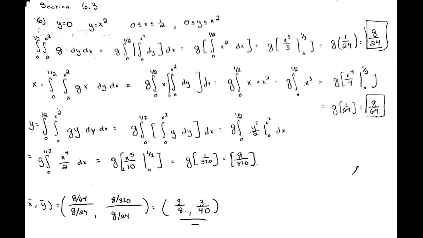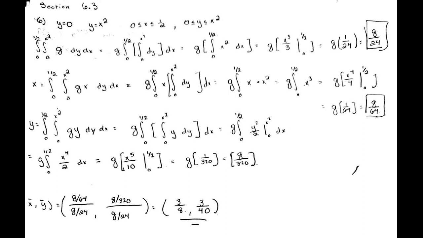Our inner integral gives x squared like before, multiply that by x, and we'll get x cubed. Evaluate it, and you're going to get g over 64. To get our x coordinate, we would divide g over 64 by g over 24, and you would get an x coordinate of 3 over 8.